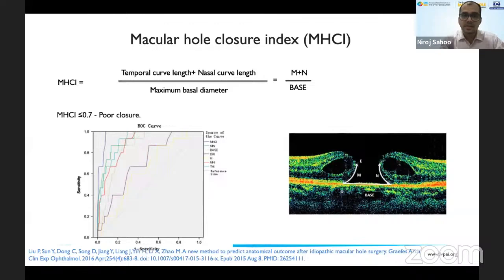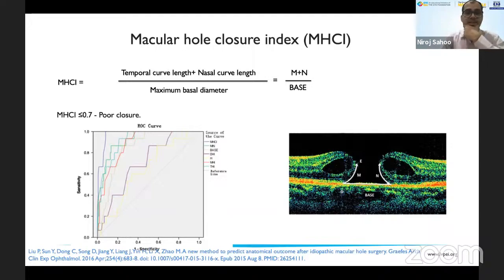A slightly newer index, macular hole closure index or MHCI, actually takes into consideration the curve length. This is not the arm length that was used in hole form factor, but the temporal and nasal curve length that was used here. And in this paper, they showed that the area under the curve was much, much higher than all of the rest of the macular hole indices.